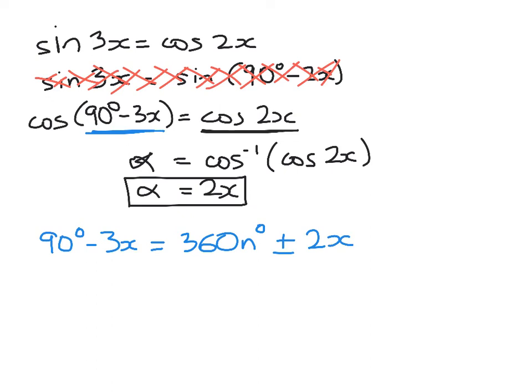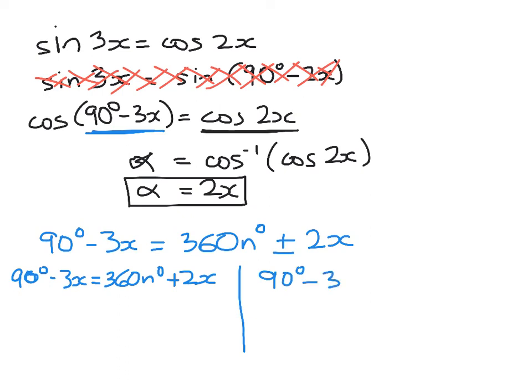Okay, so all I have to do now is very carefully work with two cases. I'm going to have this one, 90 degrees minus 3x equals 360 n degrees plus 2x, and I'm going to have my second case, with minus 2x here. So each of these will generate a set of values, and now we're just finding a way to write them out systematically. Right, so we're looking to end up with x equals blah blah.